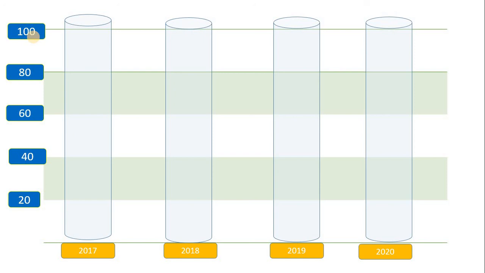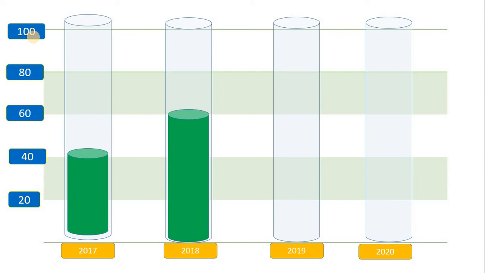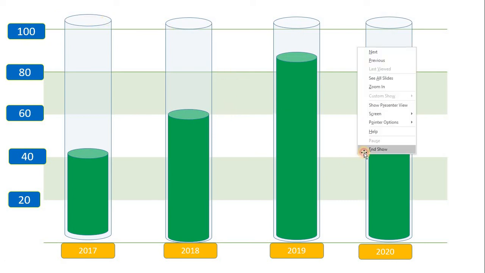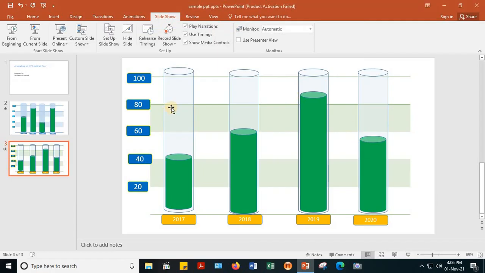Now one by one we will fill up the cubes. 2019, 2020. So this way you can create very beautiful effects, and there are many other options that you can use.